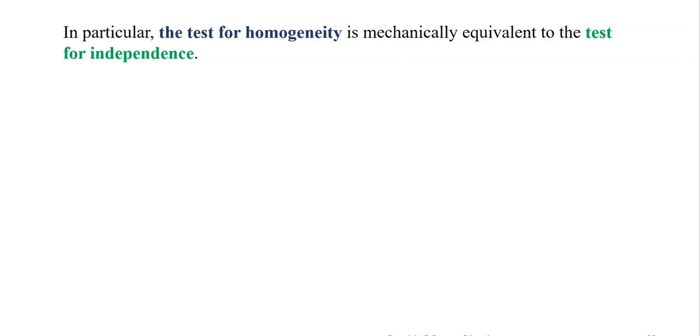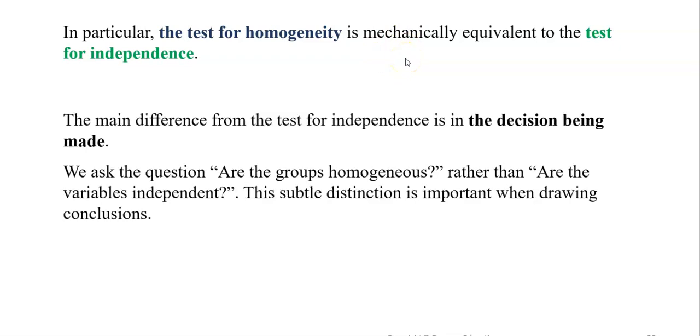When performing test for homogeneity and test for independence, we apply the same steps. Mechanically, they are equivalent. We calculate the same test statistic, and we calculate the p-value the same way.